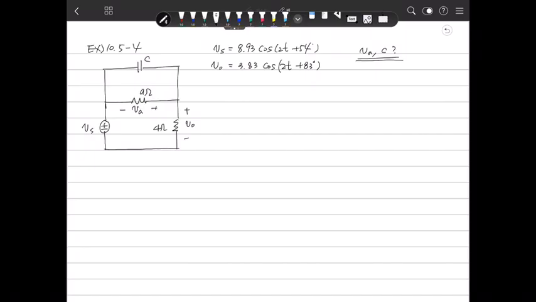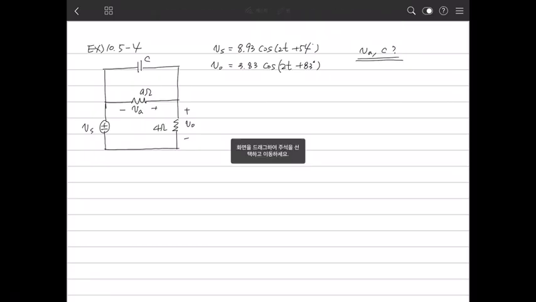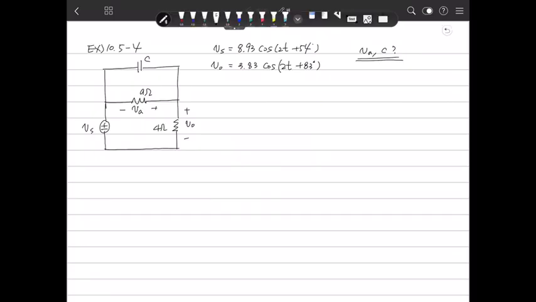At first, I want to solve for VA, and then we can redraw the circuit in phasor form. This is one impedance. I don't know what that is, but I need jC. And this is one impedance, a resistor.